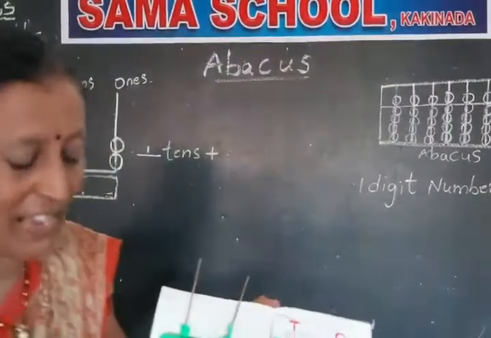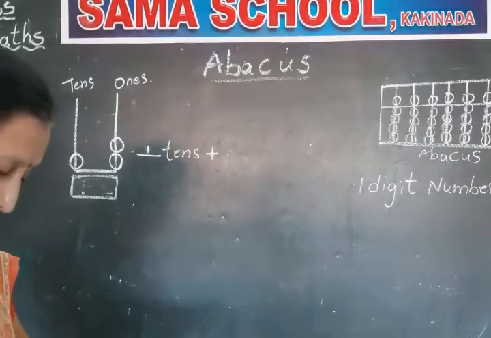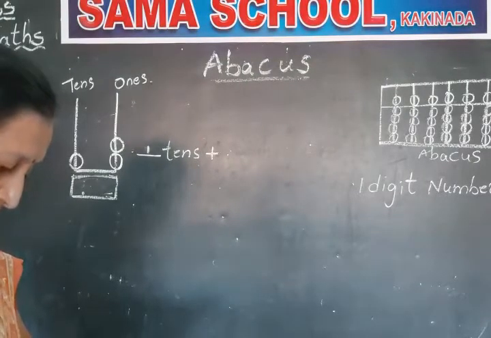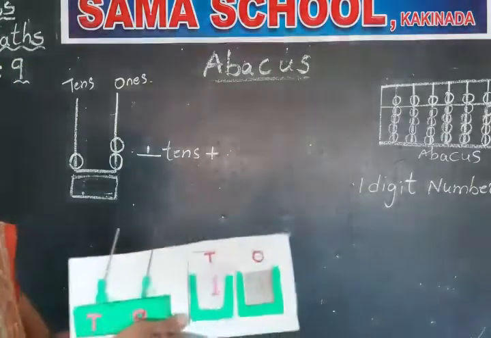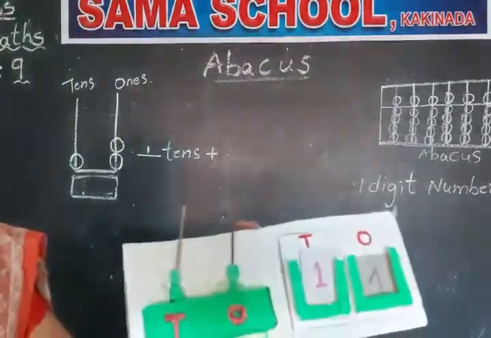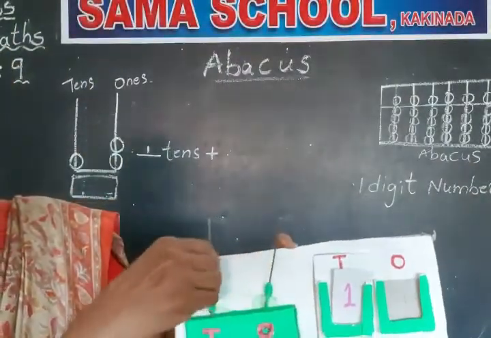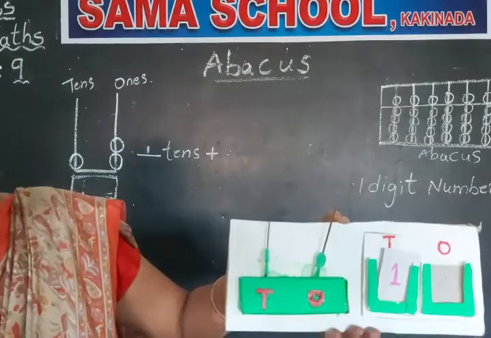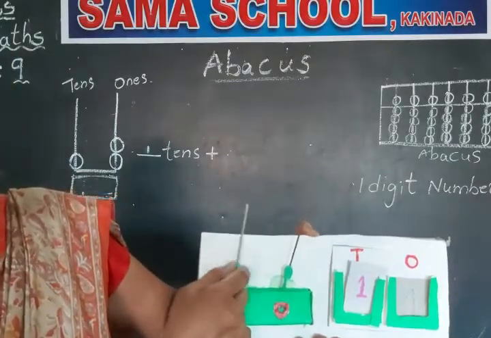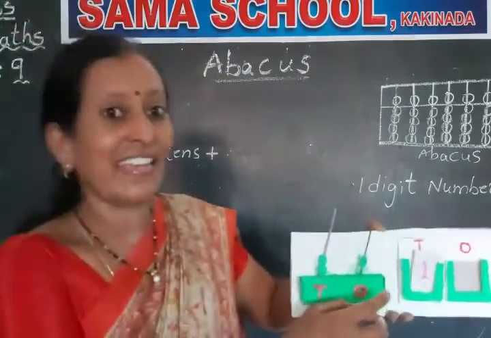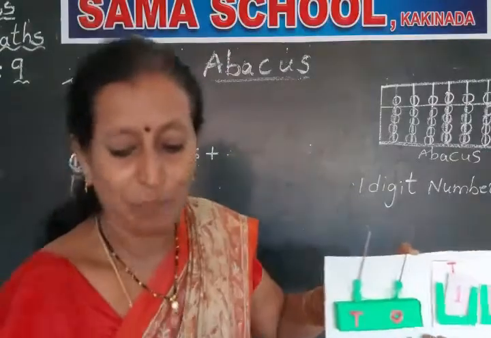Now in the tens place I will give you. Now see here. In tens place how many beads? Only one, no? See, count. 1, 2. And the second, ones place, how many beads? Here also 1, 2.